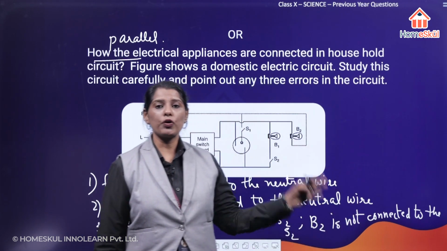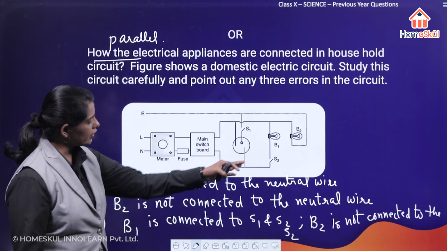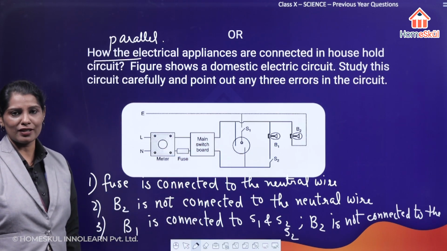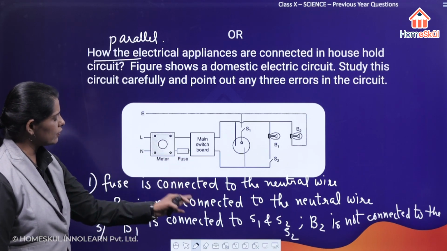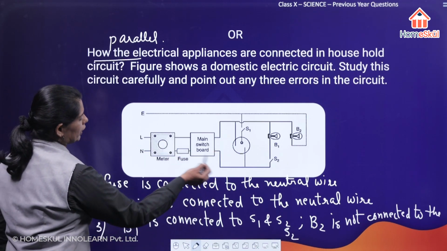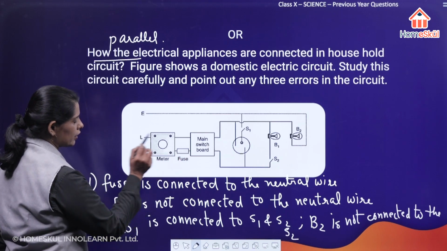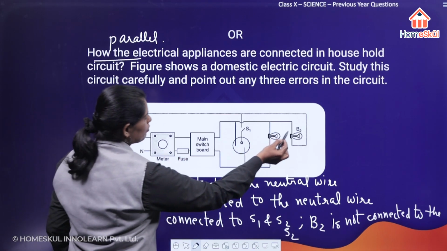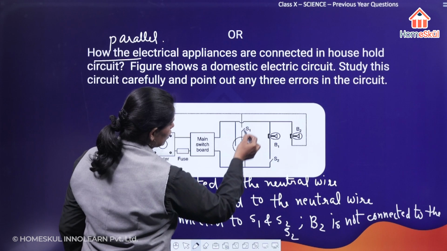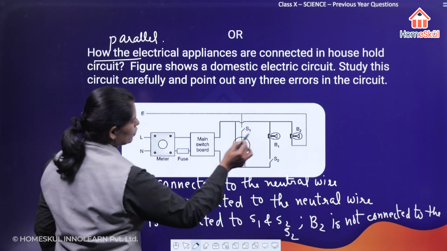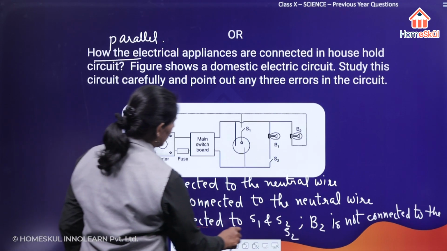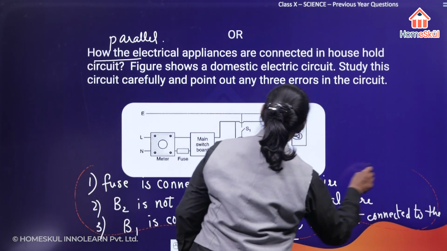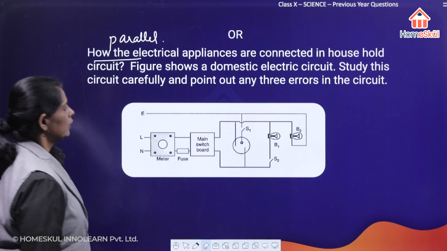So these are the three errors which we can find in this domestic circuit. The connection here is a parallel connection, and the three errors are: the fuse should be connected to the live wire, wherein here it is connected to the neutral; B2 is not connected to the neutral wire; and switches S1 and S2 are only connected to B1. So these are the three errors.